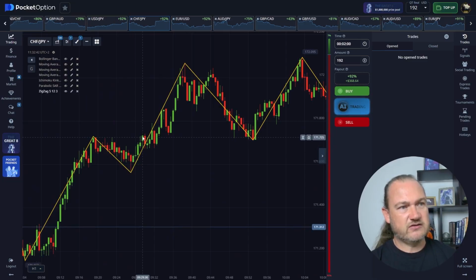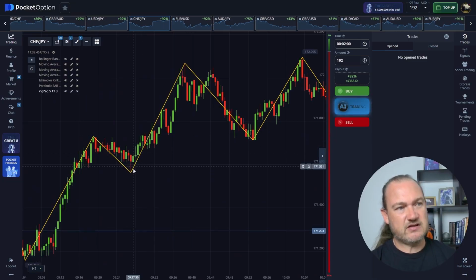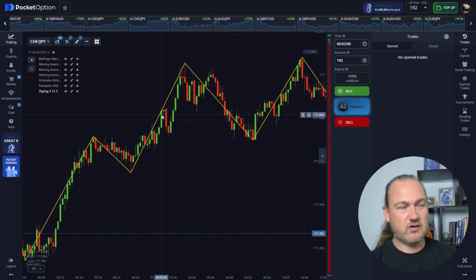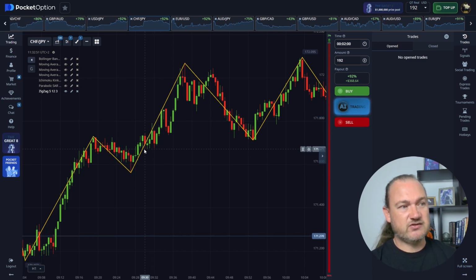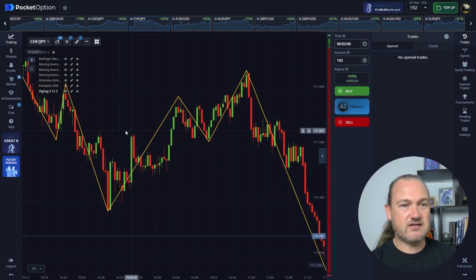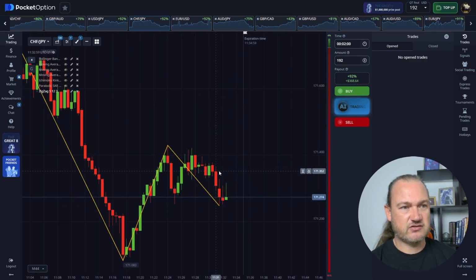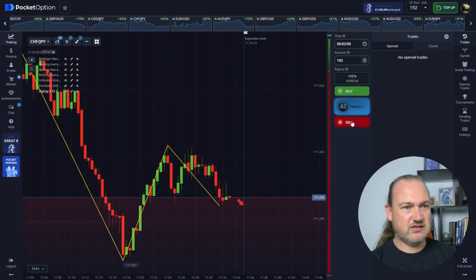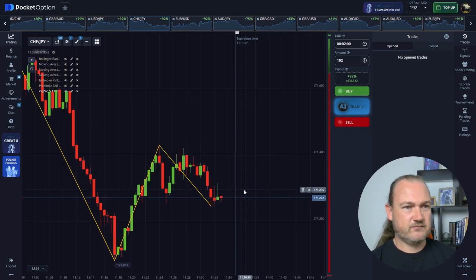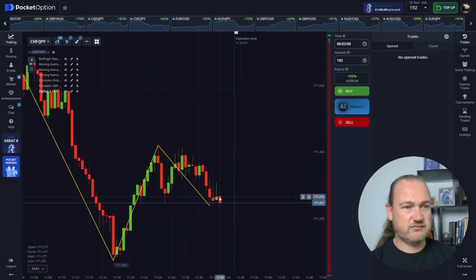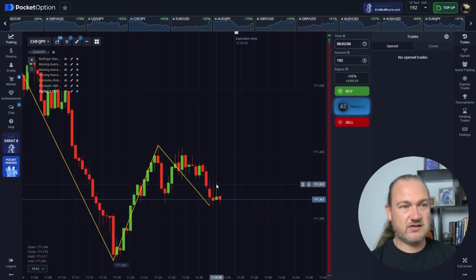For example here, if we're running upwards and the ZigZag is showing us that we are moving upwards, what I like to do is, when we pierce the ZigZag, I take that only as a retrace and I continue in the direction. There's a retrace candle, so I should be able to take a 2-minute sell here, although it does look like it's going to push. Should have gone for the sell. The ideal trade would have been here.